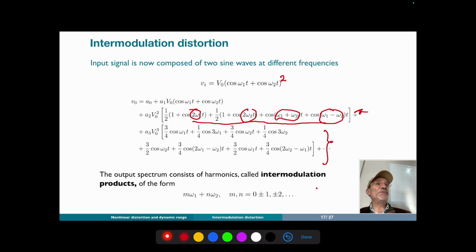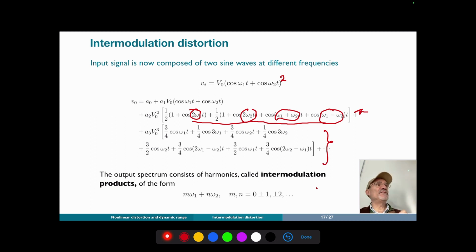And so when we have two frequencies, we have the harmonics of the original frequencies, but then we also have terms that correspond to the combination of the frequencies of the input signal, the summation and the difference. These terms are called beating terms, okay?